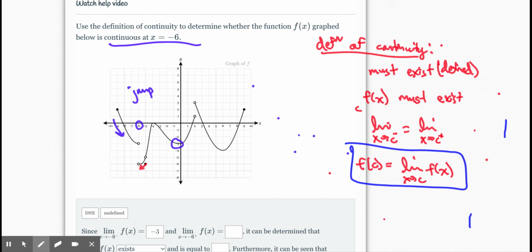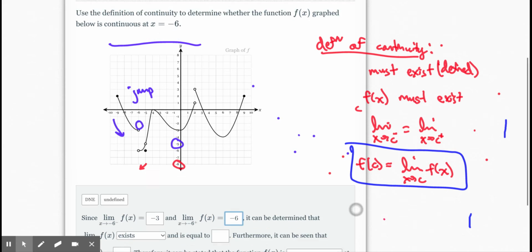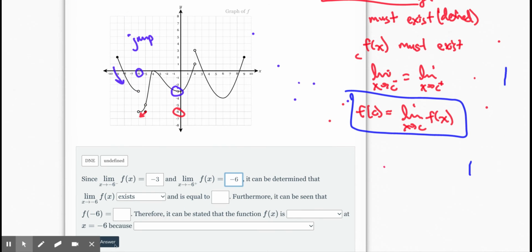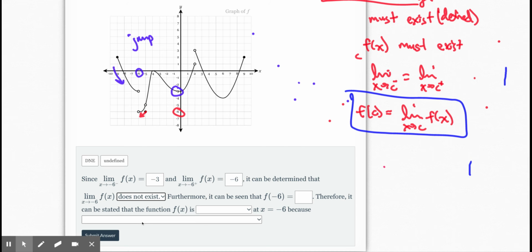As we're moving in from the right towards -6, our y value is down there at -6. So that's going to be our right-hand limit, which means that the limit does not exist because the left and the right do not match.